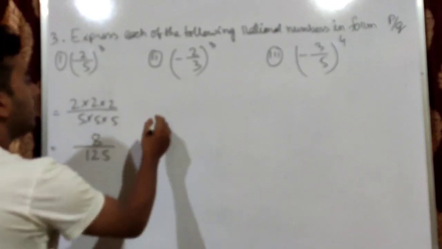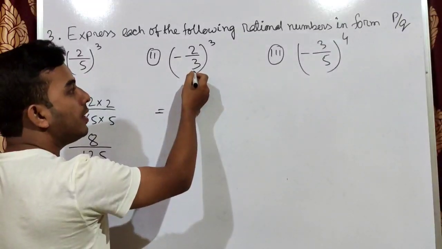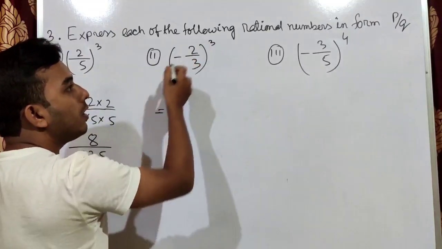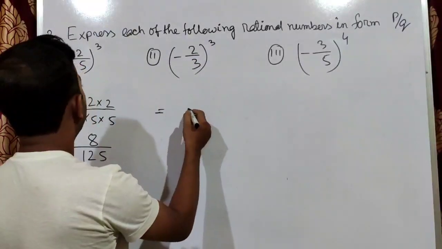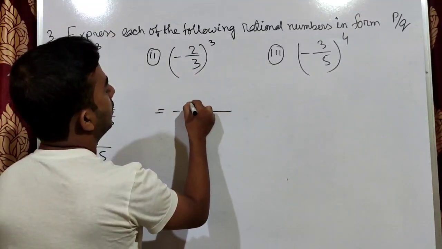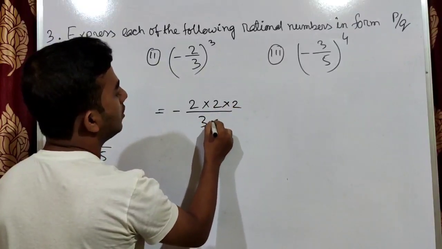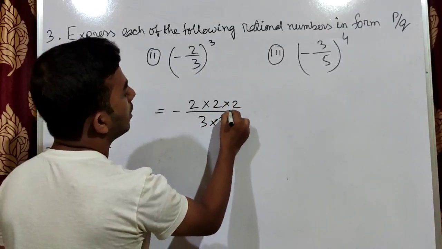Our second is minus 2 by 3. The numerator is minus 2 and the denominator is 3. Both of them are multiplied how many times? 3 times. That means we will take minus common, 2 into 2 into 2 and 3 into 3 into 3.